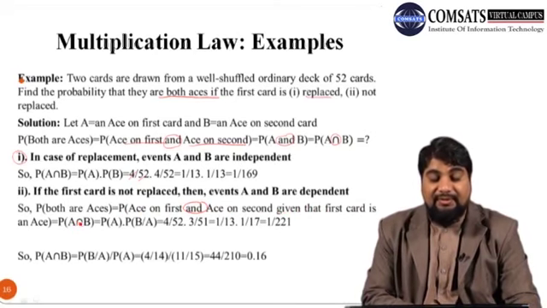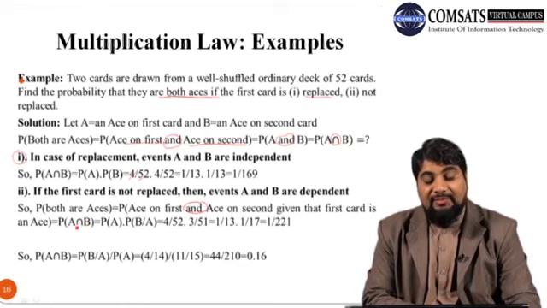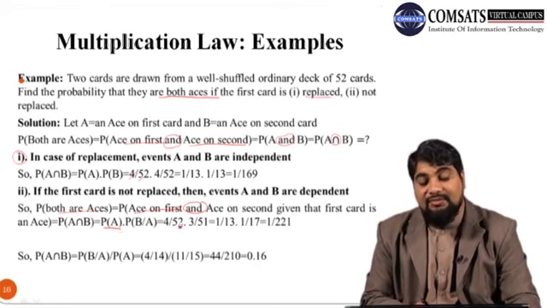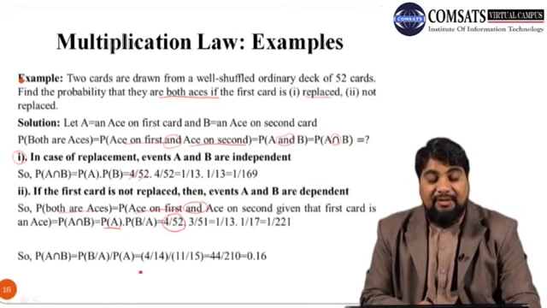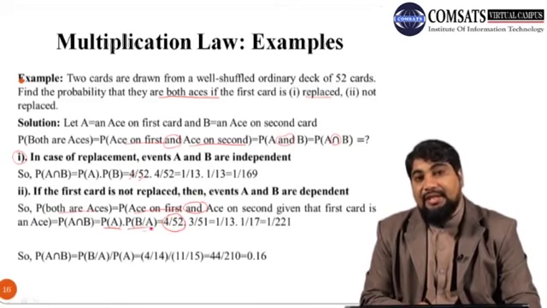So the probability of A intersection B, both are aces, is the probability of A, that the first is an ace card, which is 4 over 52. But second is B given A.